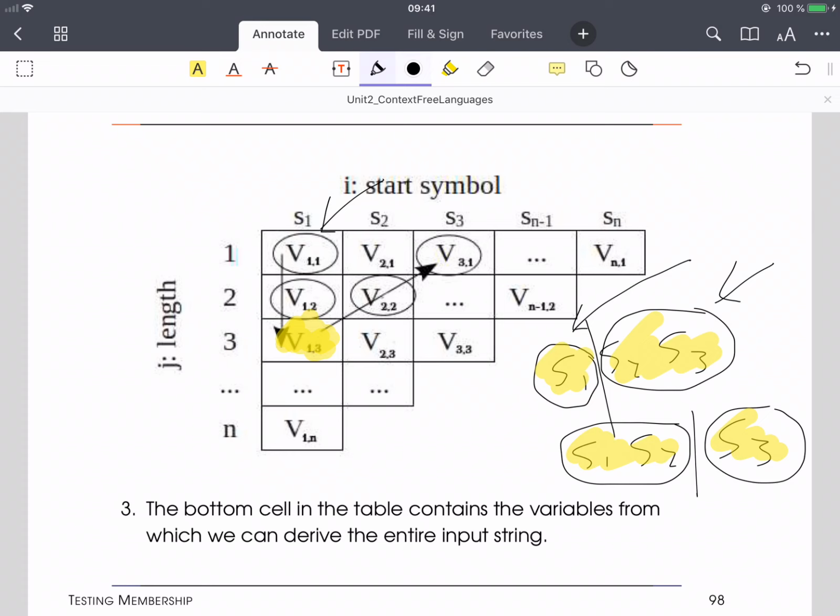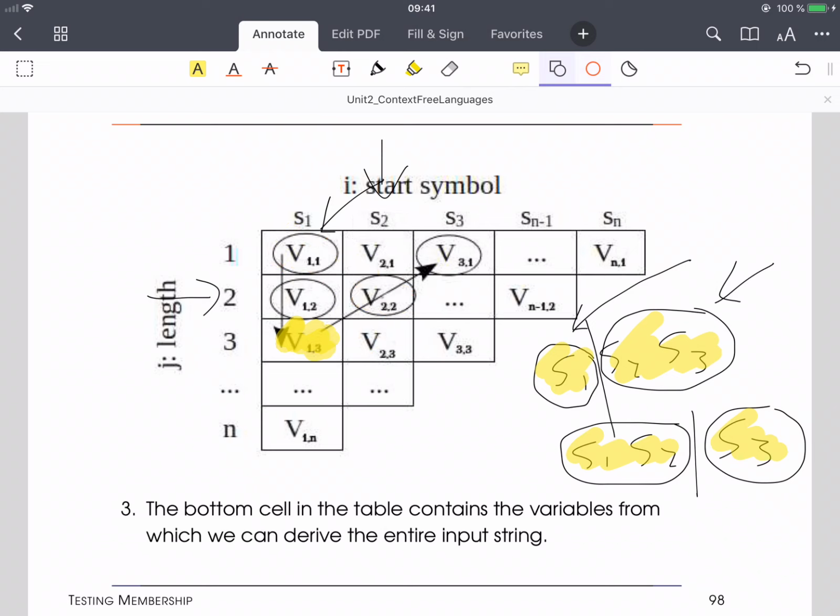This is a word that starts in symbol S2, so it must be in this column, and has length 2, so it must be in this row. So we are looking at these variables here together with these variables here. Okay, so we check this cell together with this cell. Okay, this is for the first way of dividing the word into two parts.